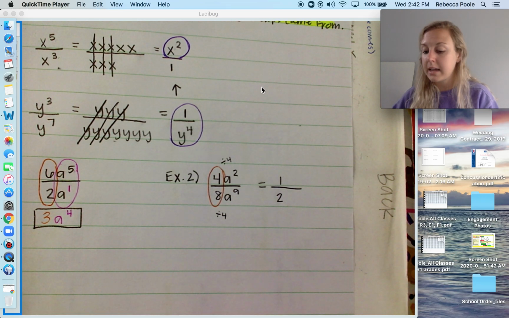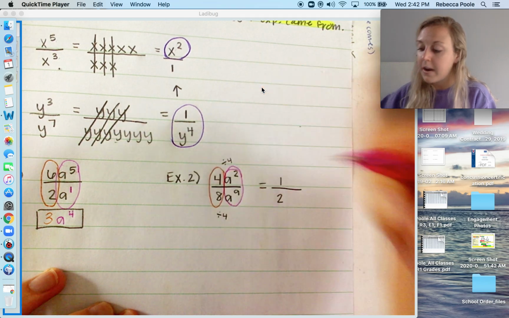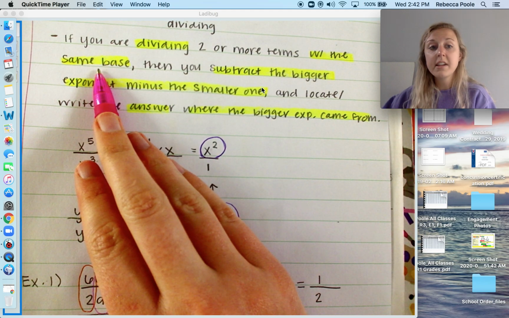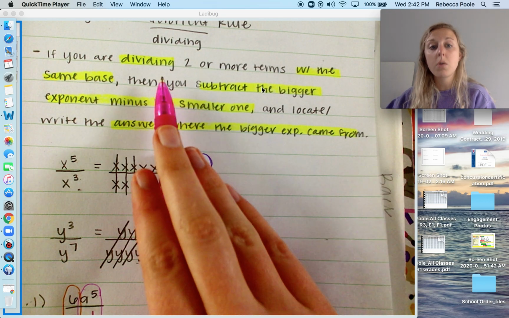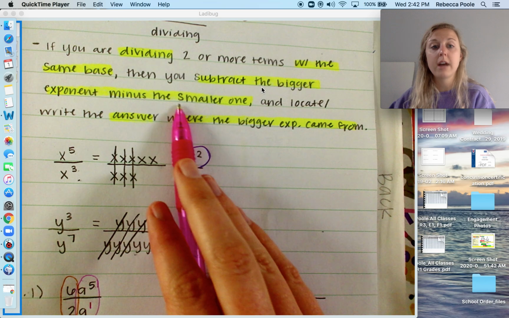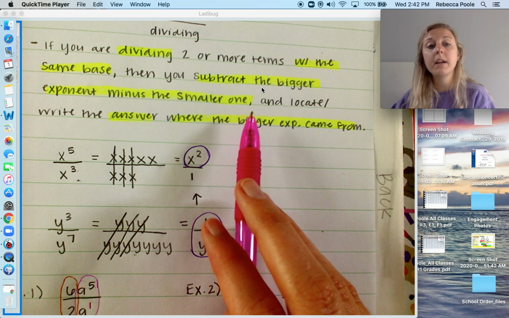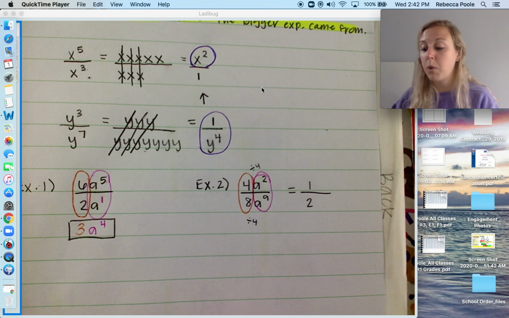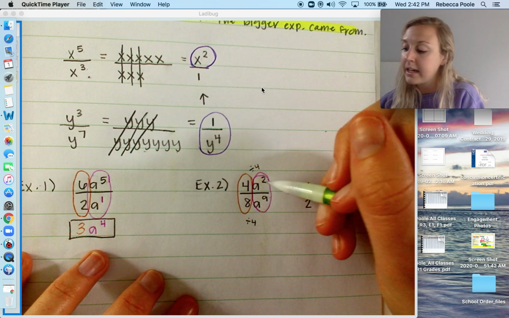Now, I want us to take a look at our A's because we're done with our coefficients. So look at your variables. Are they the same? Yes, they're both A's, right? Are we dividing? Yes, we already established that. So I'm going to take the bigger exponent minus the smaller one, and I'm going to put the answer where the bigger one was. So look at your two exponents, 9 and 2.